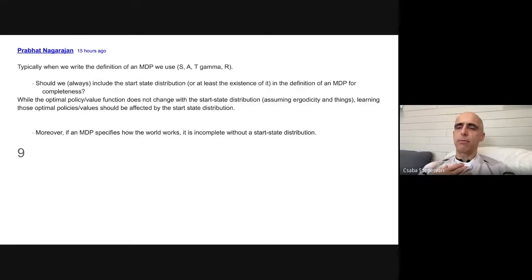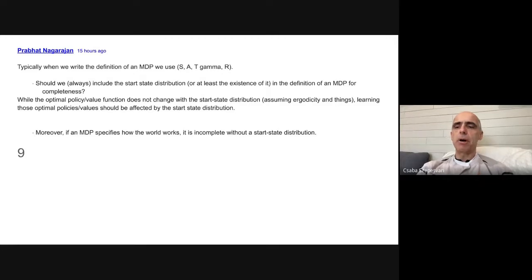If I can afford to fix the start state distribution, it's awesome, and maybe I can exploit that with my algorithms. But wouldn't it be better to solve this harder problem where we don't need to do that? I think it would be better. The question is, can we?